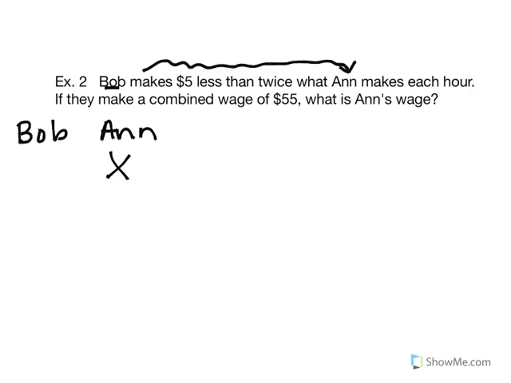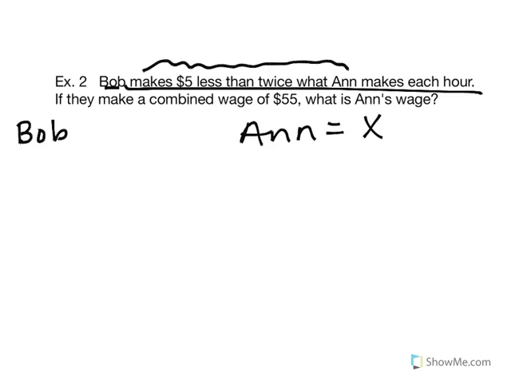Okay, I want to write the x up here. Now that we have Ann called x, we can name Bob based on the math here. The tricky word here is the word less. When we say $5 less, what I mean is that it's something minus 5.